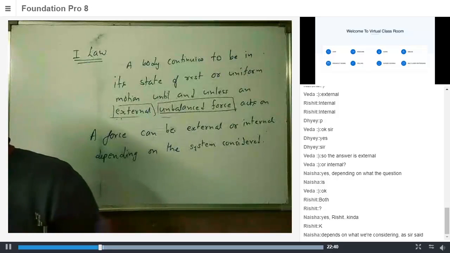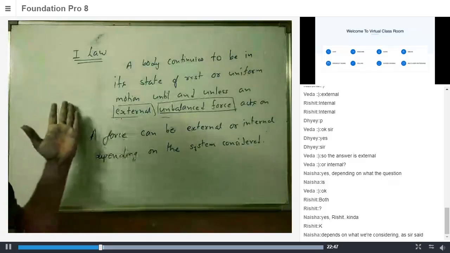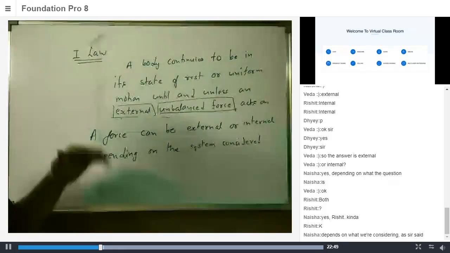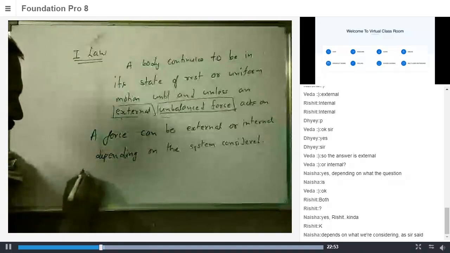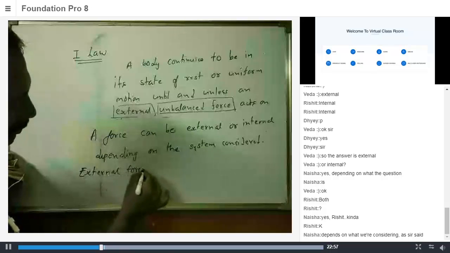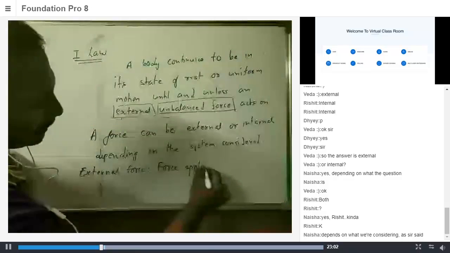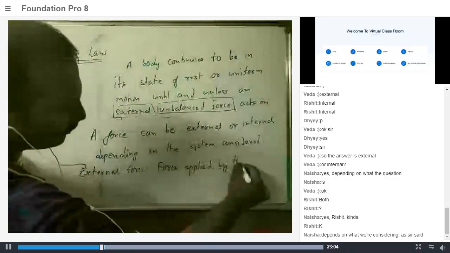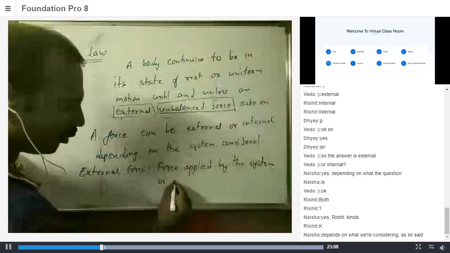But once I define a system, then we have a specific rule. Once I define this board to be a system, the force that I'm applying on the board is external force. So once a system is defined, what is external force? Force applied by the system or on the system.